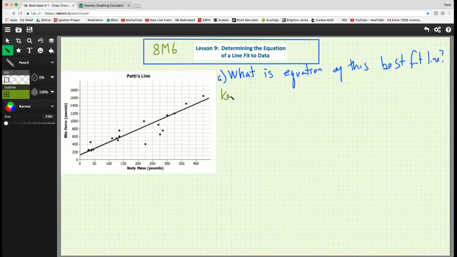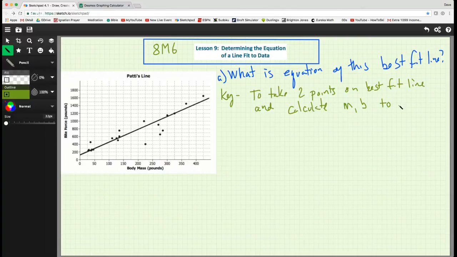The key is to take 2 points on the best fit line and calculate m and b to create y equals mx plus b, the best fit line.